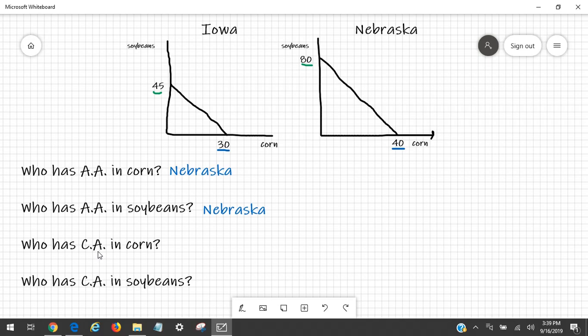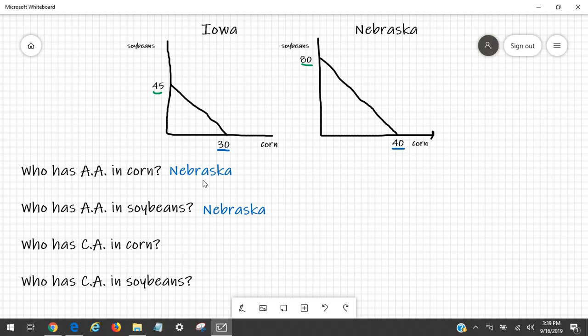So in this example, where we're dealing with two goods, corn and soybeans, we're going to talk about the opportunity cost of corn in terms of soybeans. It's always in terms of the opposite good that you're dealing with.